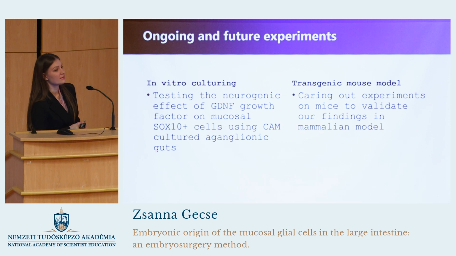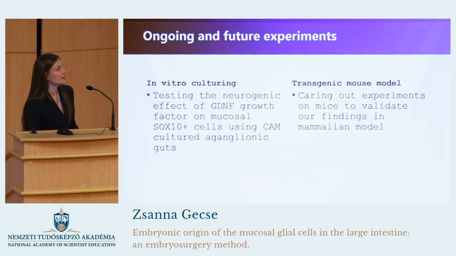For further experiments, we designed further in vitro culturing with GDNF, which is a glial growth factor. The reason we want to do it is because glial cells have the capacity to transform into neurons, and we want to test if we can transform the intramucosal glial cells that we found into neurons as a possible therapeutic treatment for Hirschsprung disease that I spoke about in the beginning of my presentation.